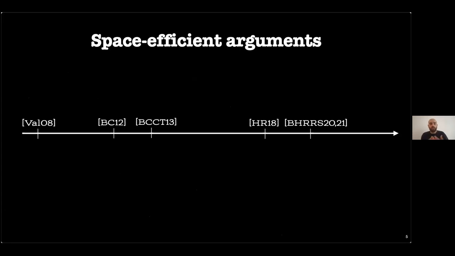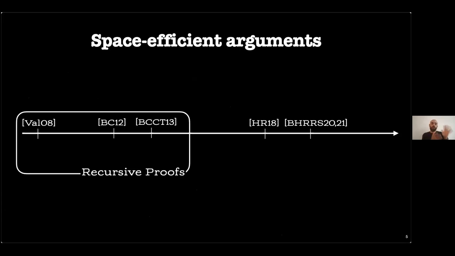So there has been quite a long line of research on how to make arguments that are space efficient. For the most part, they are TCC papers, so they don't come with an implementation. But I think the initial line of research was exploiting, for the most part, recursive proofs. What does it mean?